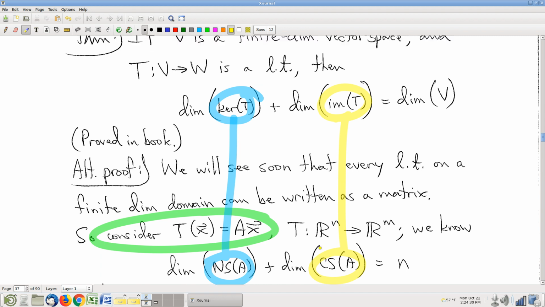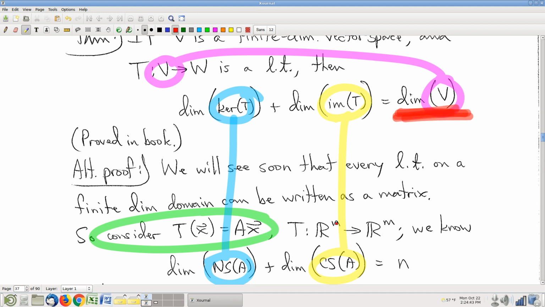And of course, the domain, what's the dimension of the domain? Well, the dimension of the domain here is n. So this thing that we're trying to prove up there, in the special case of linear transformations that are representing matrices, we already know it's true.